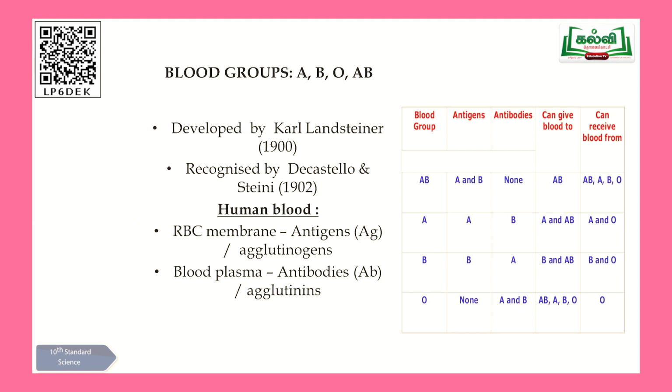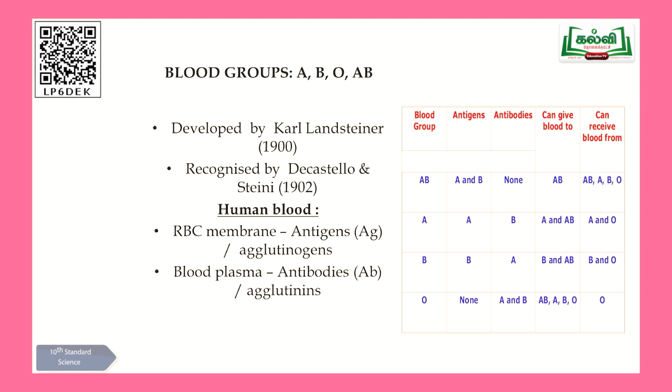Let me tell you another example. If you belong to group B, the RBC cell I taught you last time, a round cell with an outer membrane, the outer membrane will have antibody A, and the inner liquid, the plasma, will carry antigen B. So they always determine your blood group by looking at the antigen present inside the RBC cell. Let me just recollect the topic.